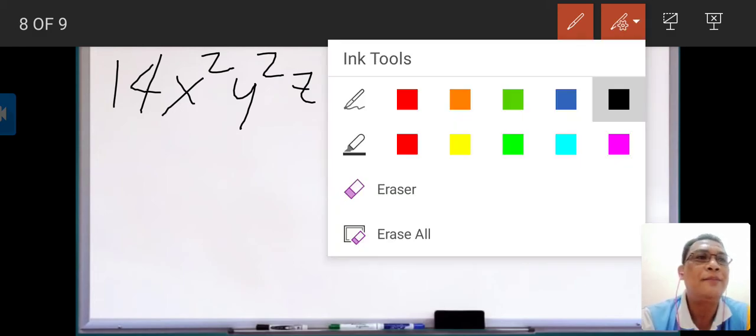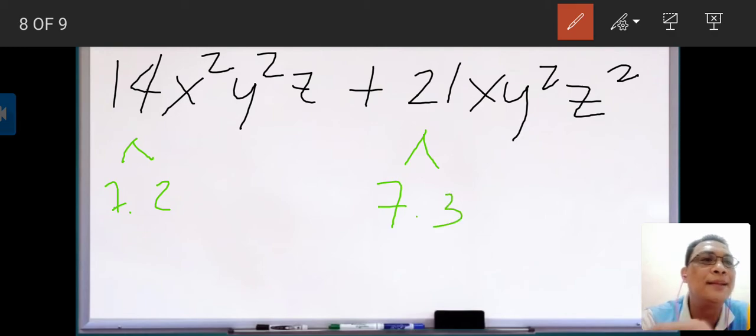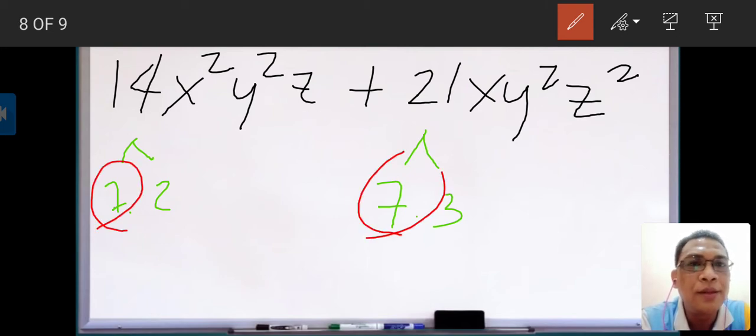Okay, so let me get the GCF. 14 can be factored as 7 multiplied by 2. Okay, and 21 can be factored as 7 multiplied by 3. So your GCF will be, so this will be common, so that will be 7.